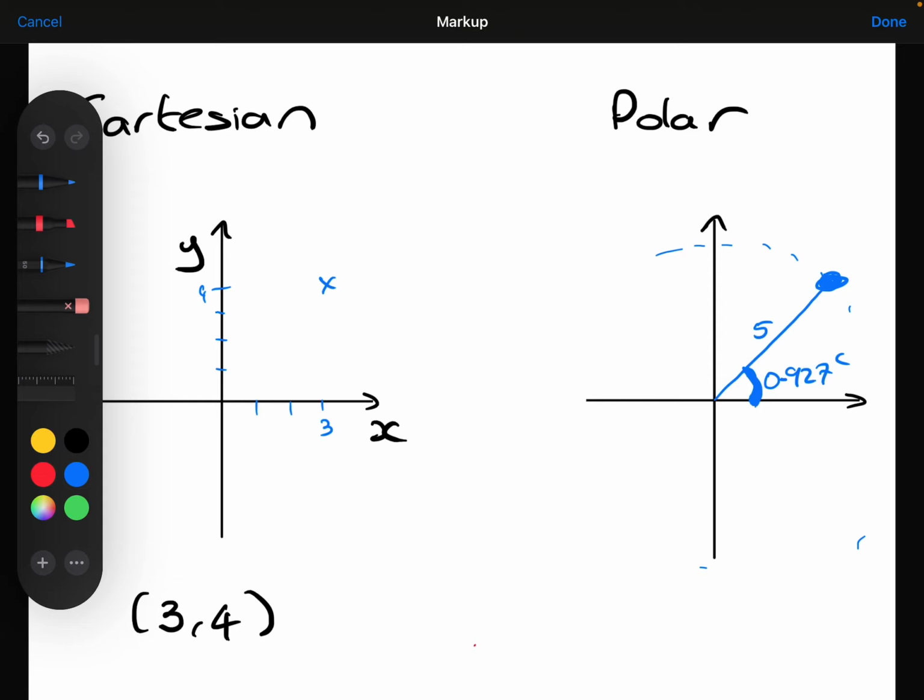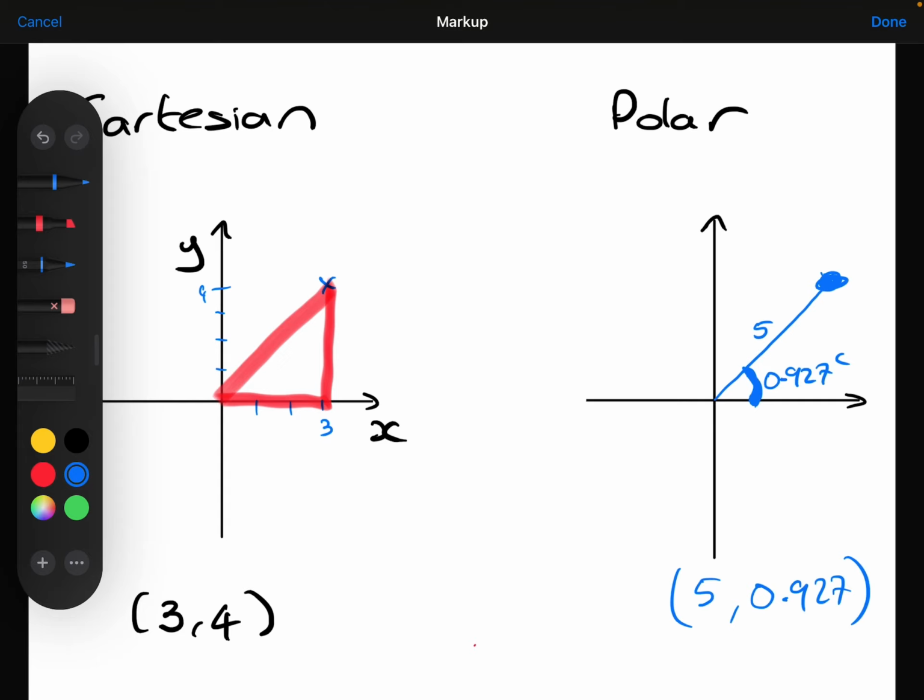So we have a slightly different way of defining a point, with a distance away from the origin and an angle that it makes with the x-axis. I got the 5 and the 0.927 because I've got a right-angled triangle here where this side is 3, this side is 4, and by doing some Pythagoras I know that this is 5.